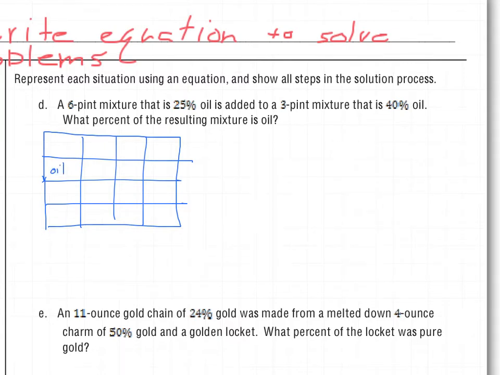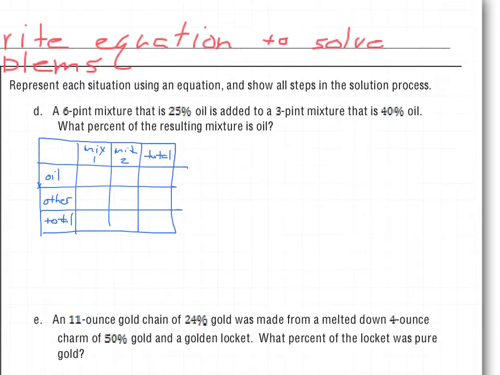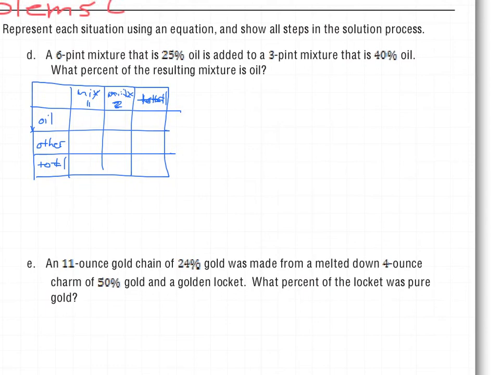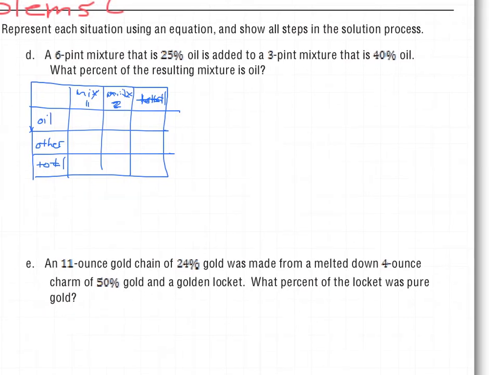That means that it's going to be 75% other stuff. And this is our total. And so this will be mixture 1, mixture 2, and our total. Go ahead and finish filling out this table and create a table for all of them to solve for the question that's being asked. I think the hardest part is going to be figuring out what exactly is being asked of me. So really focus in on each of those questions.